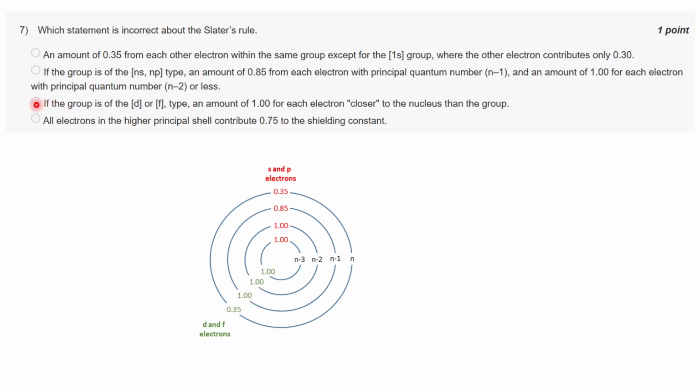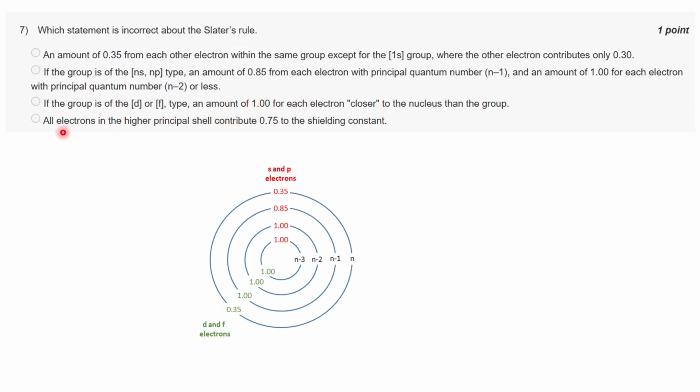Only for the same shell it will be 0.35. Otherwise, for everyone, it is 1. Yes, for d and f electrons. If our interest is s and p electrons, then n minus 1 will have 0.85. In other cases, it is 1. So this is also true, because for n minus 1, n minus 2, and other orbitals, the contribution is 1.